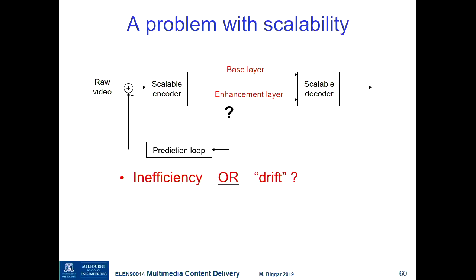We'll end up with a distorted output. If we restrict our prediction to only the base layer, then we get good compatibility with any decoder, but the encoding is not as efficient as it otherwise could be. So we essentially have this choice. It's very hard to avoid them both.